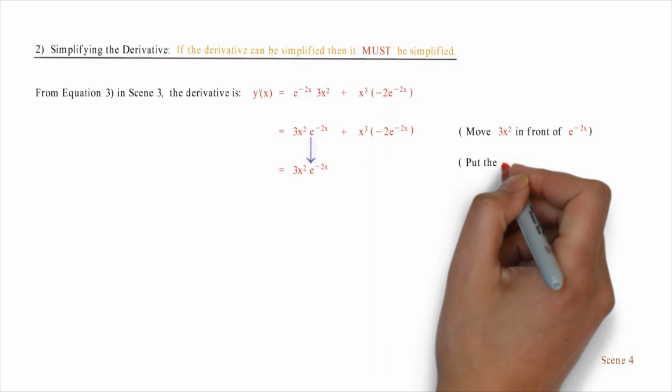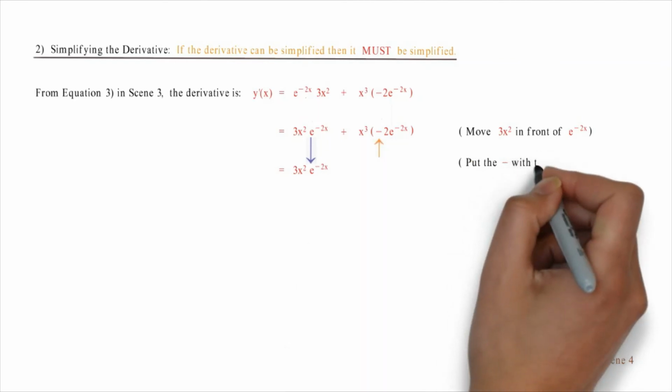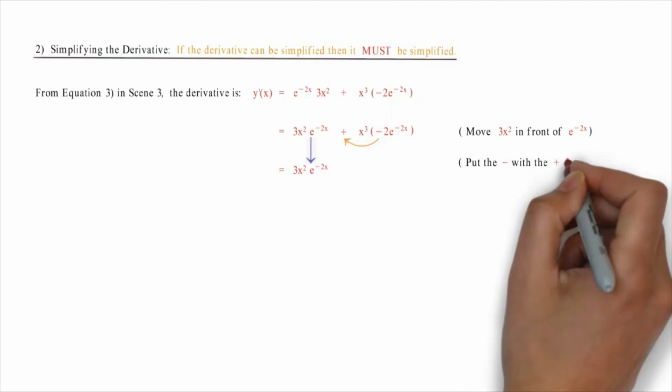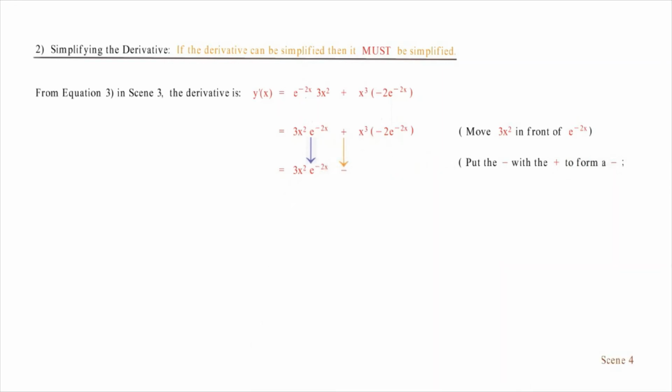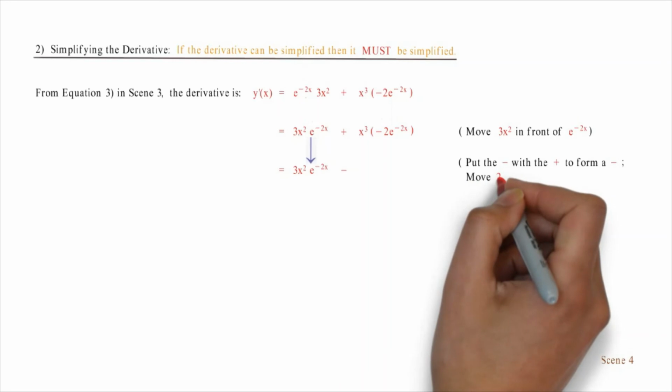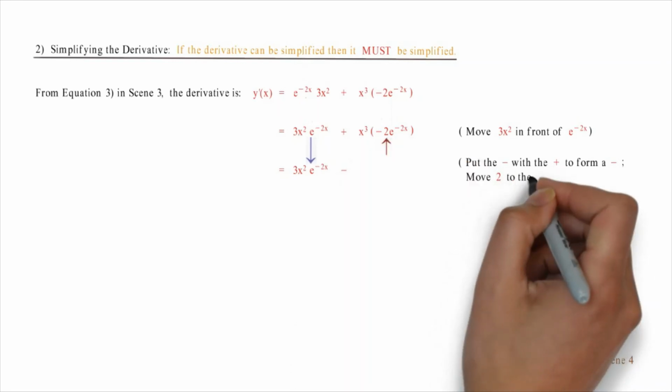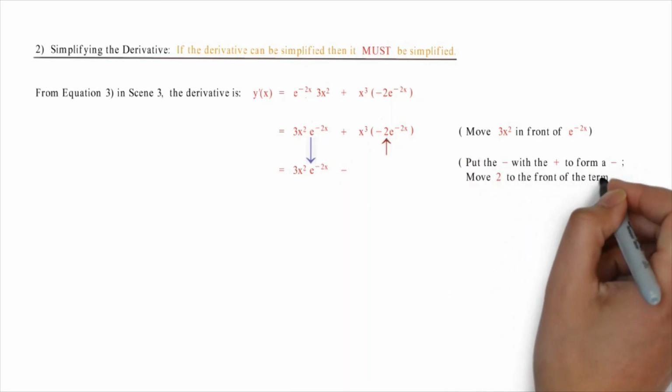Put the minus with the plus to form a minus. Move 2 to the front of the term.